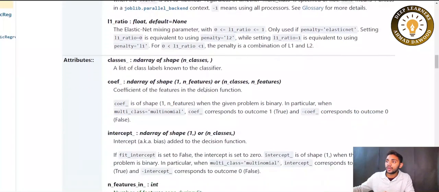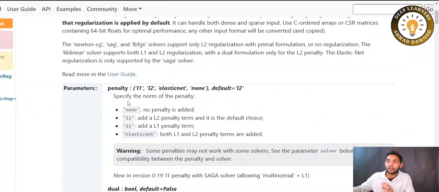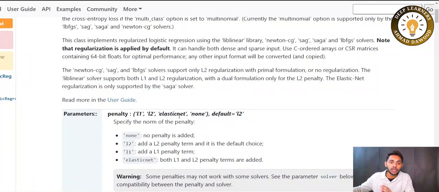So by using sklearn, you can penalize your model by just passing values in the penalty parameter. I have told you multiple times, when we are building our concepts and discussing the maths, that you don't need to remember everything, because everything is available in the libraries and modules. You just have to import.